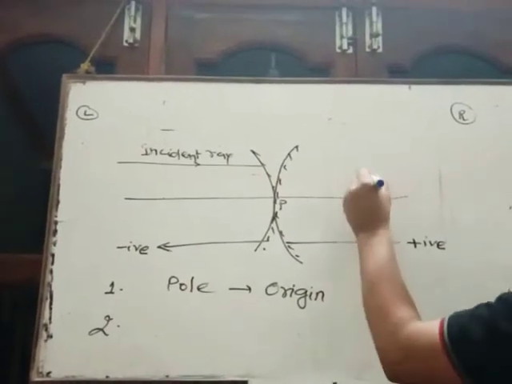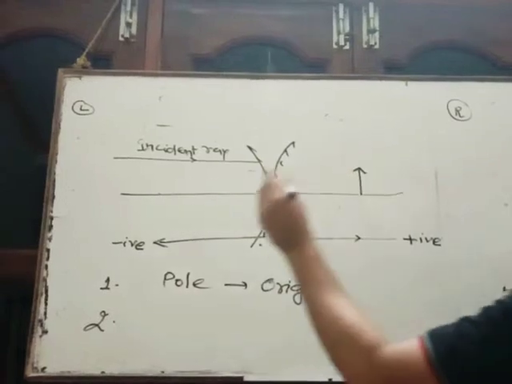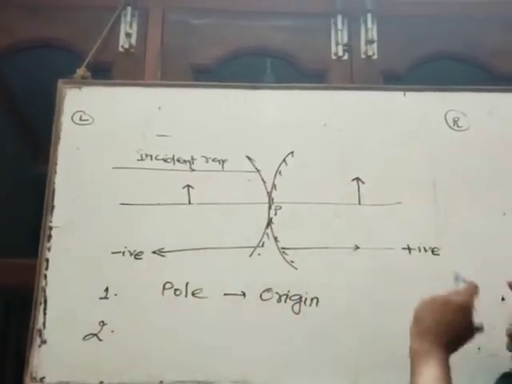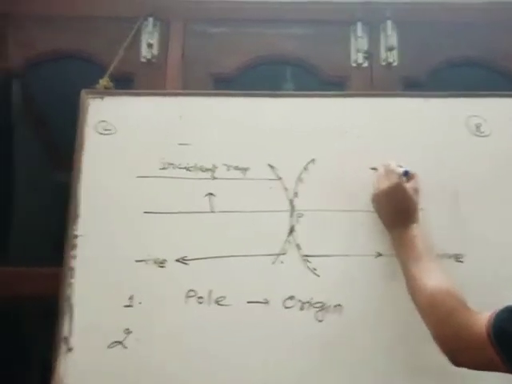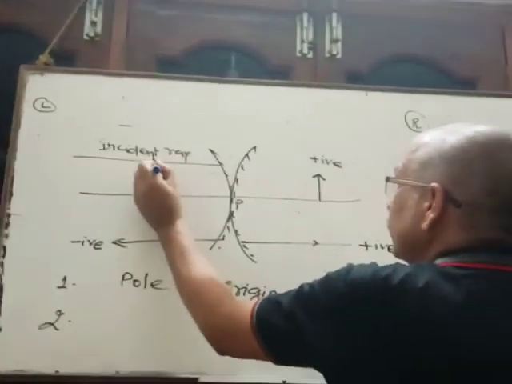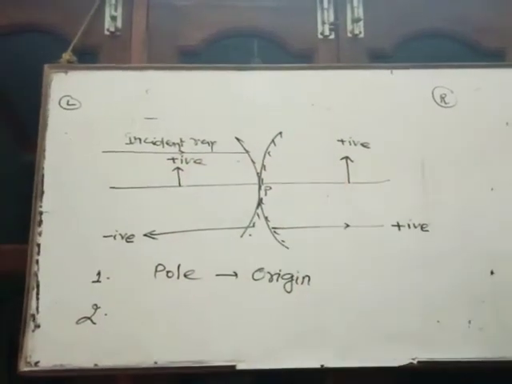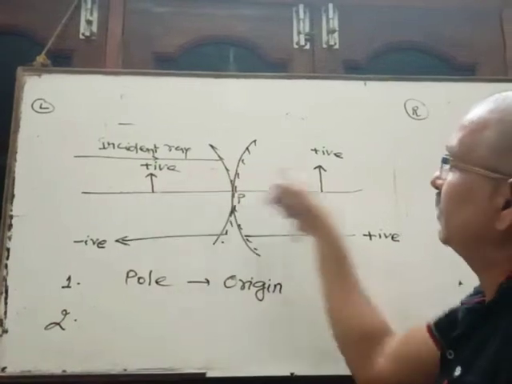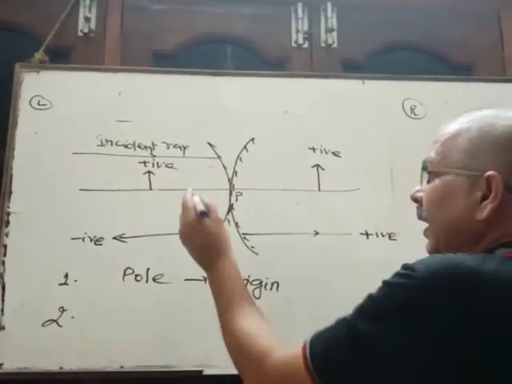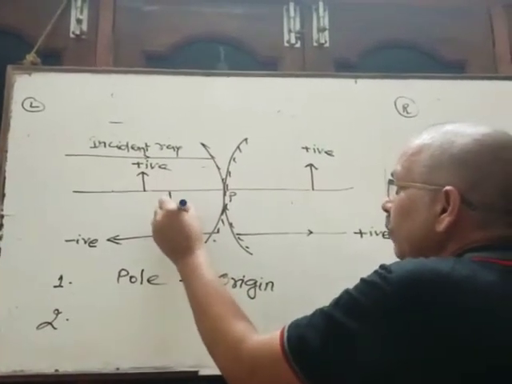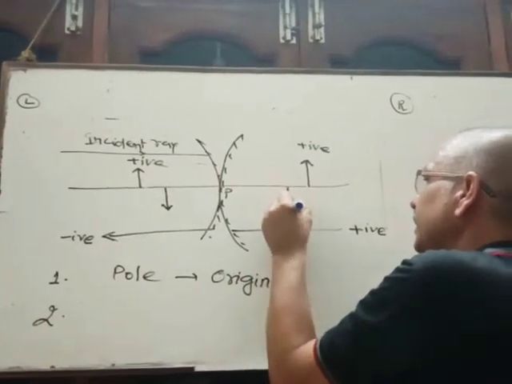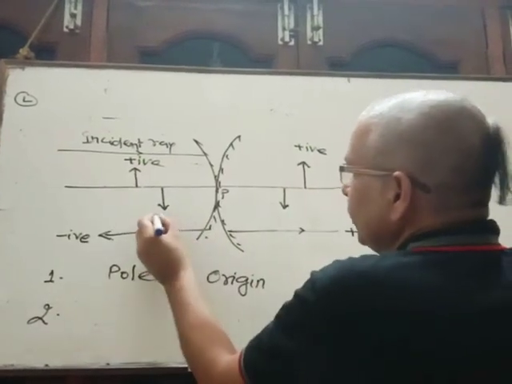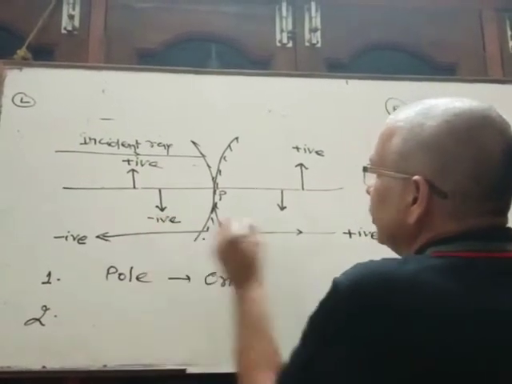Third point, heights measured above the principal axis on both sides of the mirror, leftward and rightward, are positive. If we move upward from the principal axis for measuring the height of the image or object, then the height is positive. And last point, if we move downward from the principal axis to measure the height of the object or image, then this height is negative.